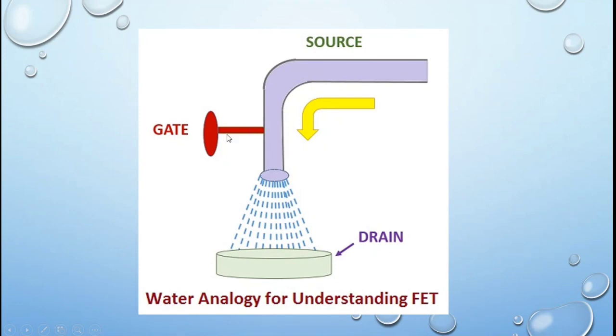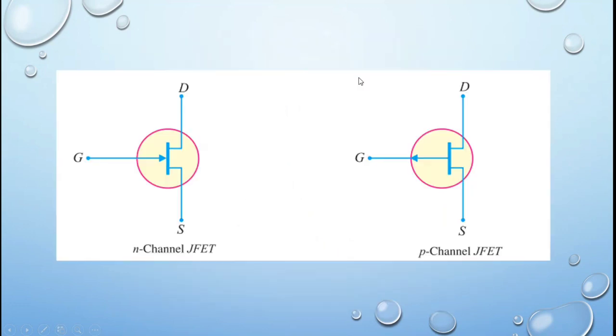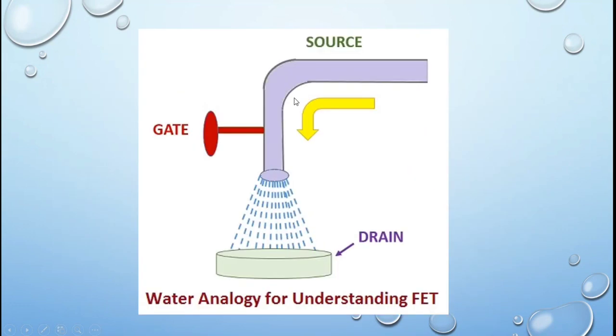There are three terminals, and they are compared with the water tap. The source is the water flowing, coming from the tank. Here there is a gate. A water tap has a gate valve, so the gate is compared to the gate valve.